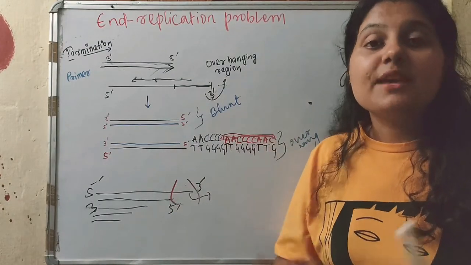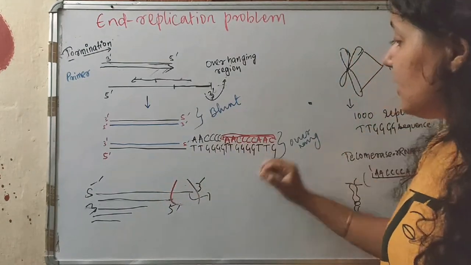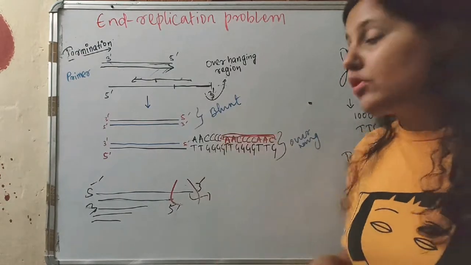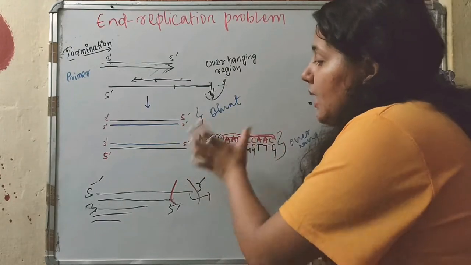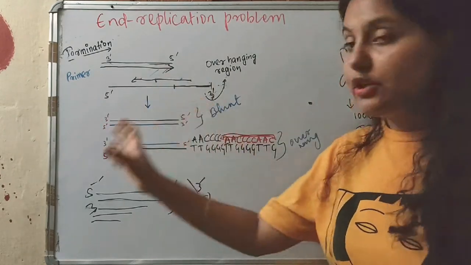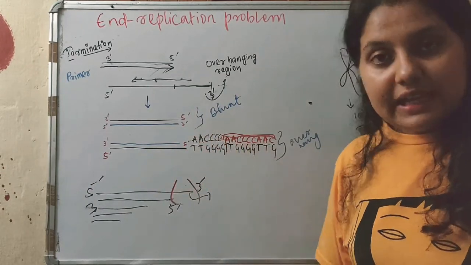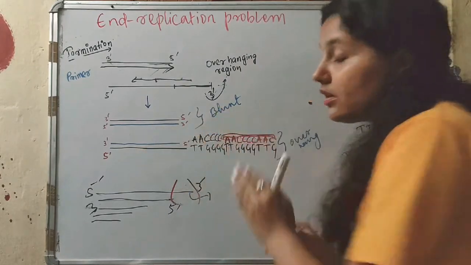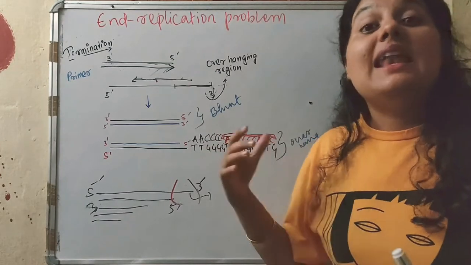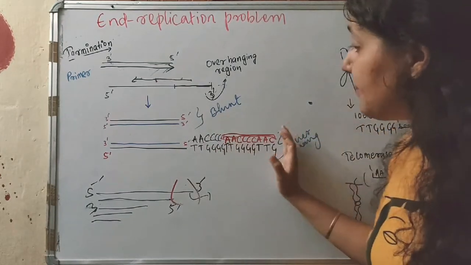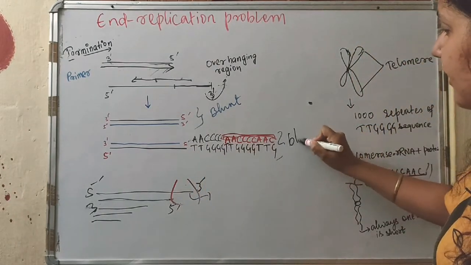These telomerase enzymes have the complementary sequence to that of the telomeric region and they are made up of RNA and protein. The RNA part will come and form a complement and the protein part will make the further nucleotides, compensating the nucleotide gap, and hence the daughter strand made out of the lagging strand will also have the same blunt end.